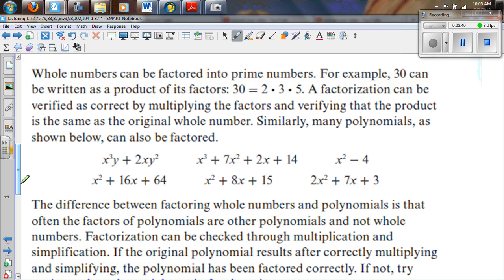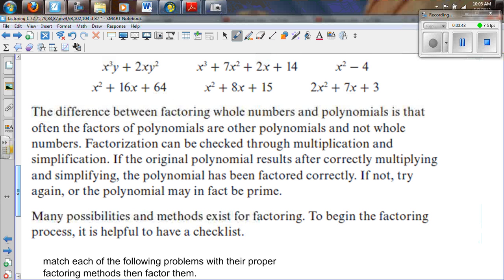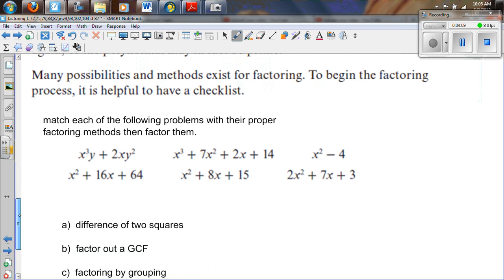In other words, we get binomials when we're done factoring these trinomials, or binomials, or polynomials, as the 4-part one is called. Remember that factorization can be checked through multiplication, so you should check these when you're done to make sure they're correct, because you should never get any of these wrong if you check them by multiplying them together or using the FOIL method.